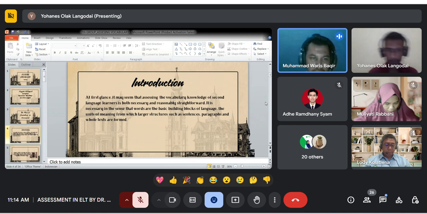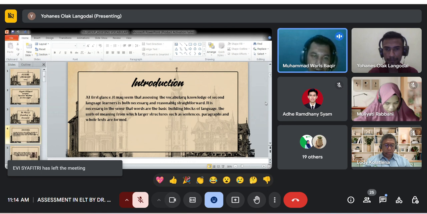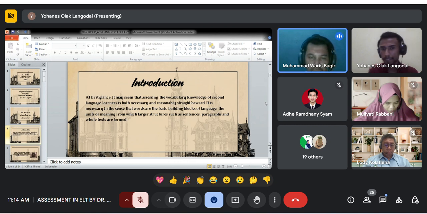At first glance, it may seem that assessing the vocabulary knowledge of second language learners is both necessary and reasonably straightforward. It is necessary in the sense that words are the basic building blocks of knowledge, the units of meaning from which larger structures, such as sentences, paragraphs, and whole texts, are formed.